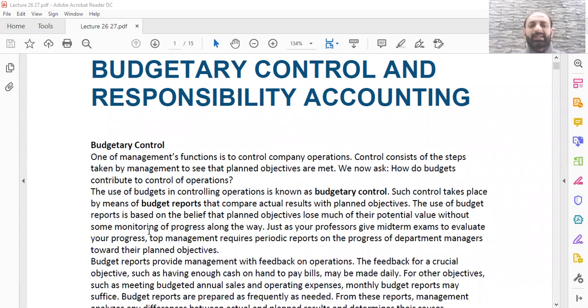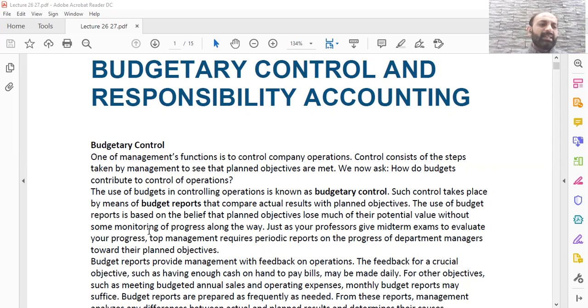The use of budgets in controlling operations is known as budgetary control. Such control takes place by means of budget reports that compare actual results with planned objectives. What does it mean? It means, for example, if you remember, we made the sales budget in lectures 23, 24, 25.